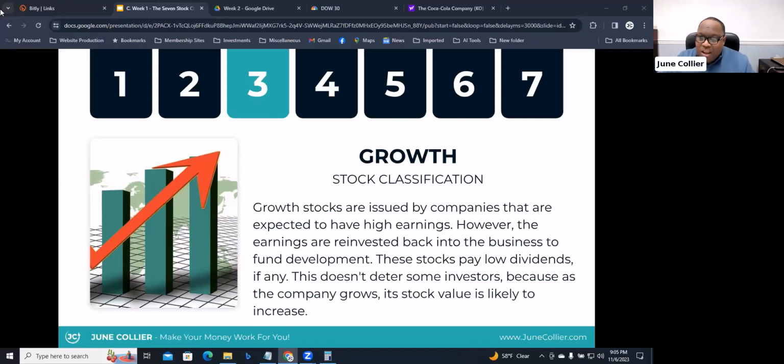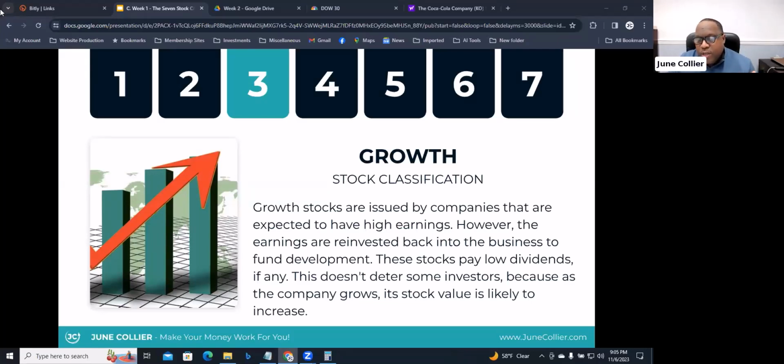We saw Microsoft put money into AI this year. ChatGPT. Microsoft gave them like $10 billion. That's big time. Alphabet, which is Google. We got Meta, which is Facebook. We got Tesla. We see Tesla reinvesting constantly. Shopify, Etsy, Netflix. All of these companies would be what we consider growth companies.